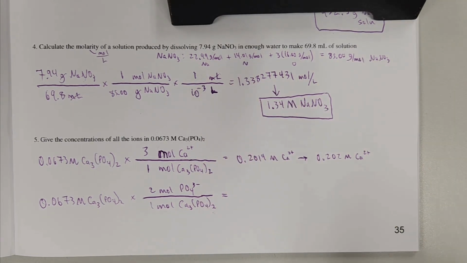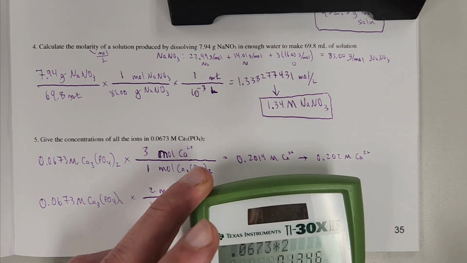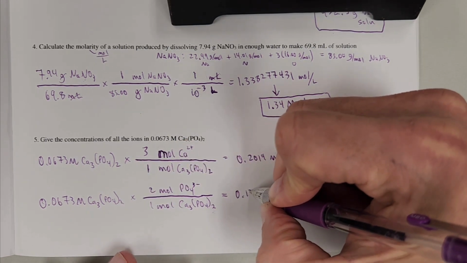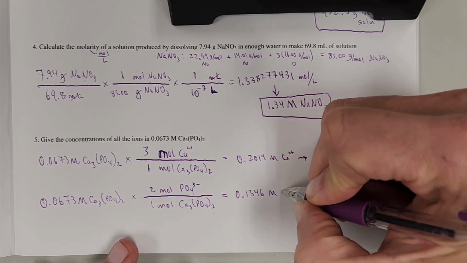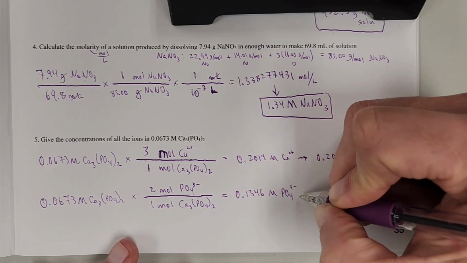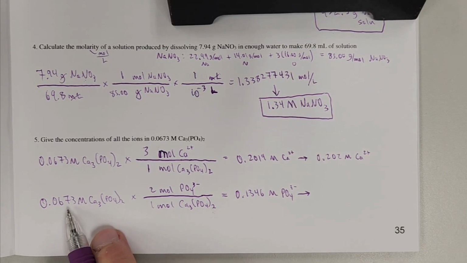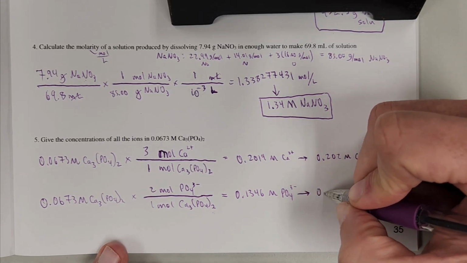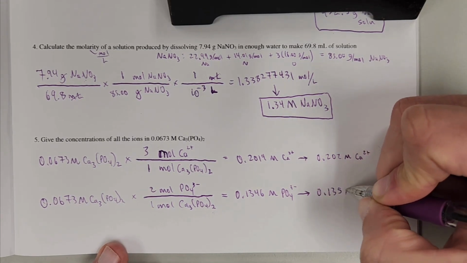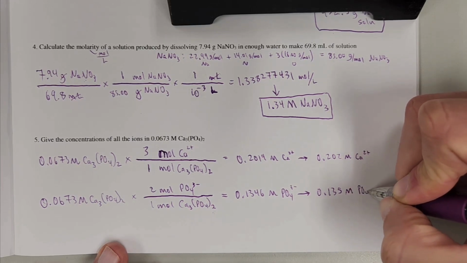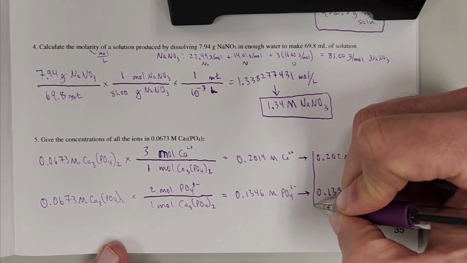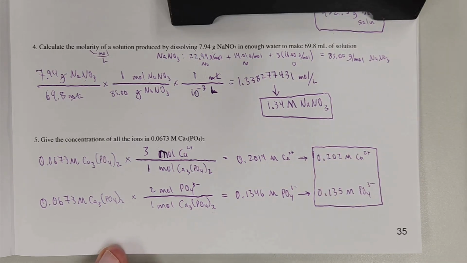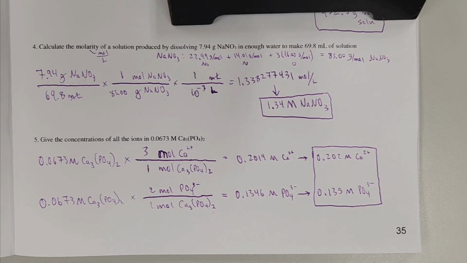So the math on that is going to give an answer of 0.1346 molar phosphate. We're going to round that for sig figs because it's 3 sig figs, infinite sig figs, so 3 it must be. 0.135 molar phosphate. You put a box around that, and that's how you handle that.